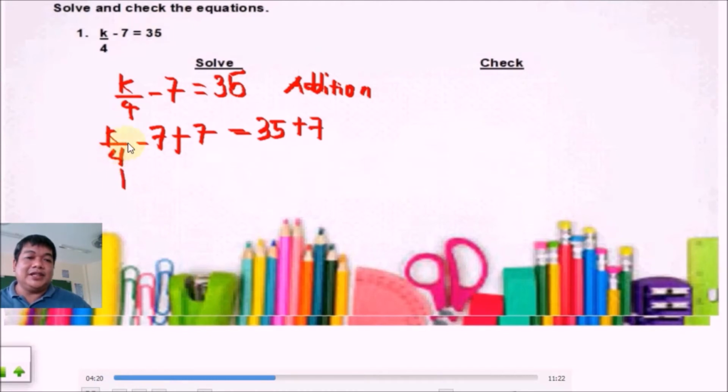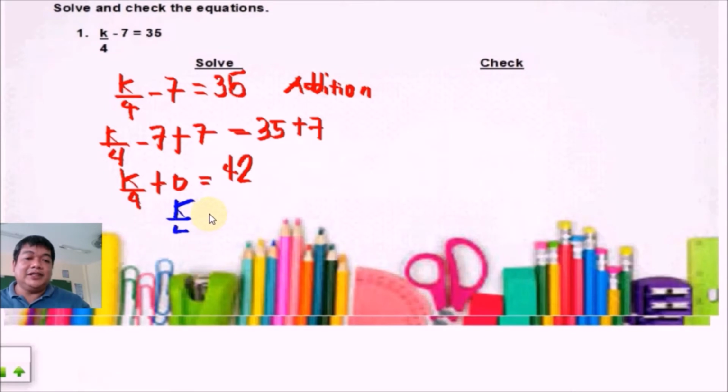So k divided by 4 will remain on this side because 7 minus 7 becomes 0. Then 35 plus 7, that is 42. Okay, so k divided by 4 is equal to 42.